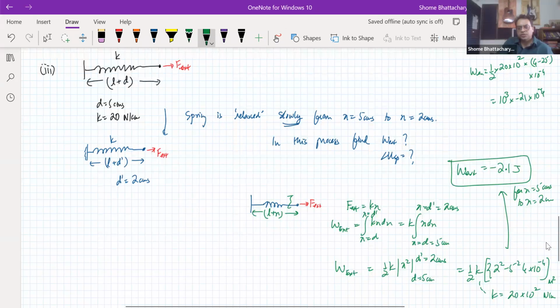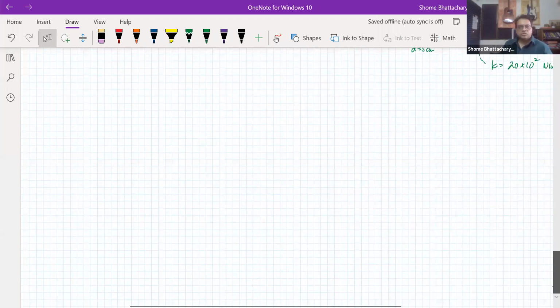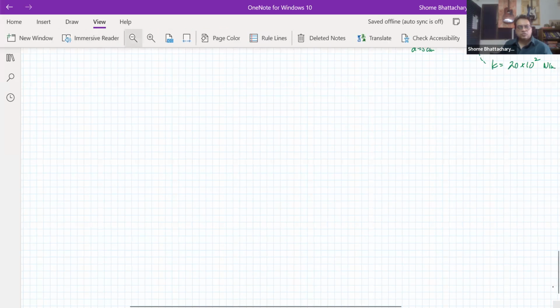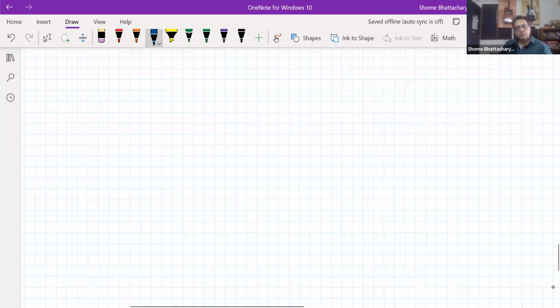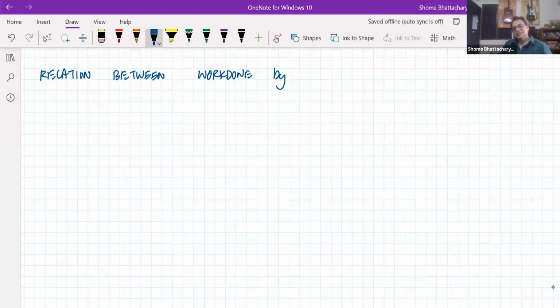Okay, so people, now from this we can generalize the formula here. The relation between work done by internal conservative force and change in potential energy.